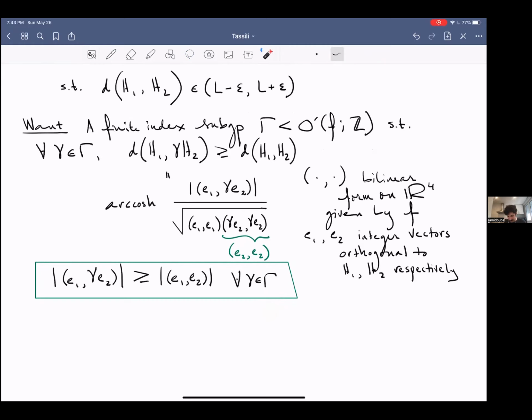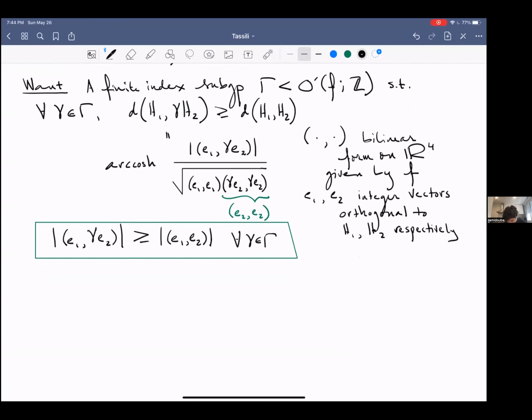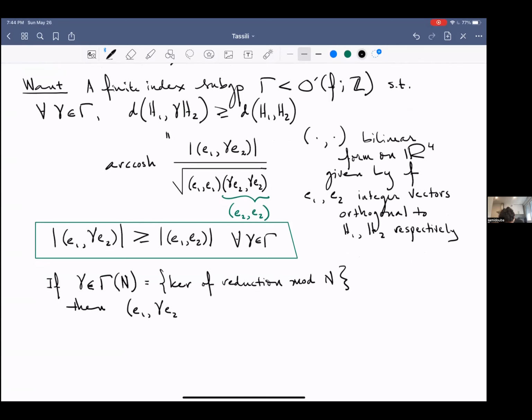So if gamma is in the congruent subgroup of big gamma of level n, the kernel of reduction mod n, then it's easy to see that these two quantities are congruent mod n.